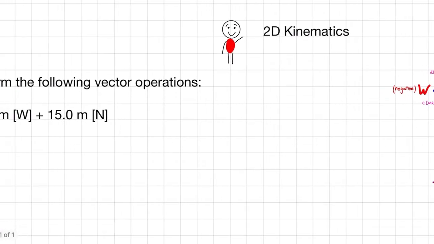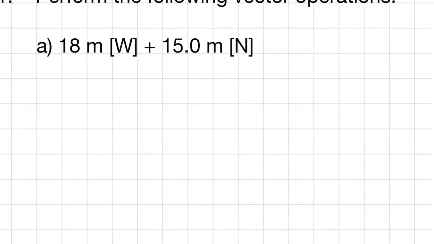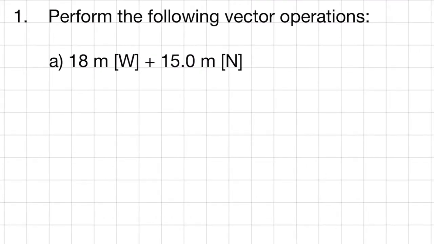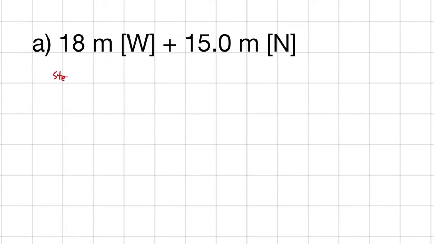Alright, so now let's look at some examples. So here we have 18 meters west plus 15 meters north. So step one is going to be split the vector up into components. So step one, find components.